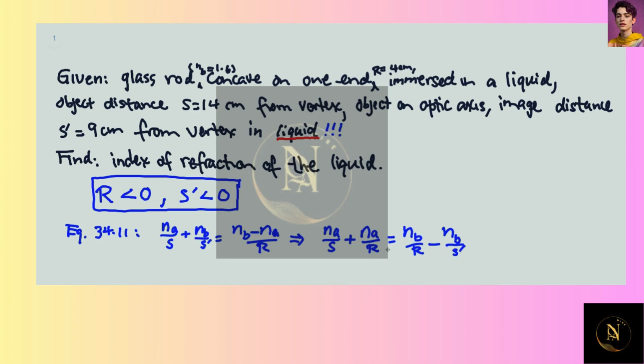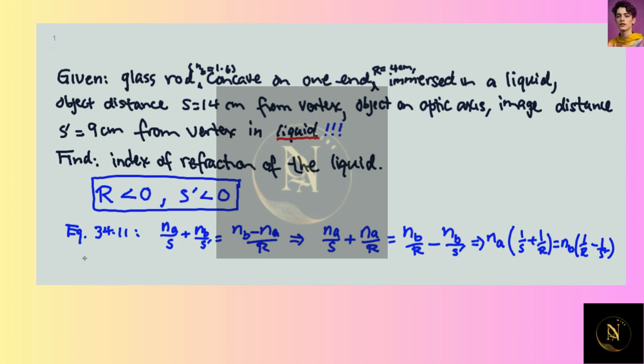And we can pull out these NA and NB since they're in the numerator. So we can write that NA, 1 over S plus 1 over R is equal to NB, 1 over R minus 1 over S primed.